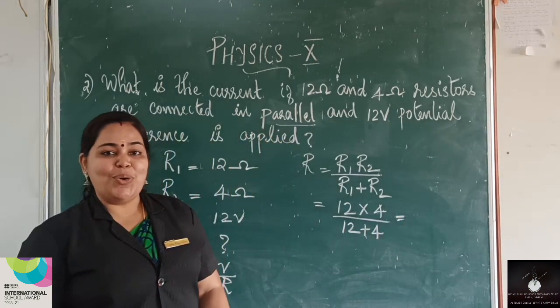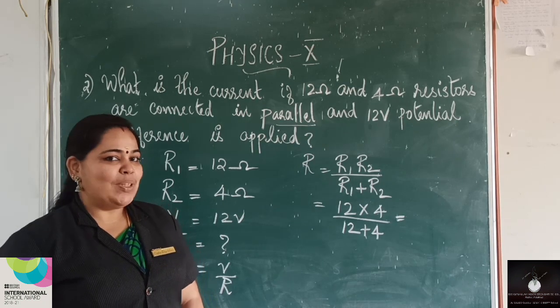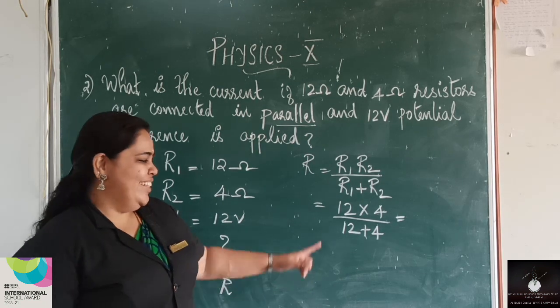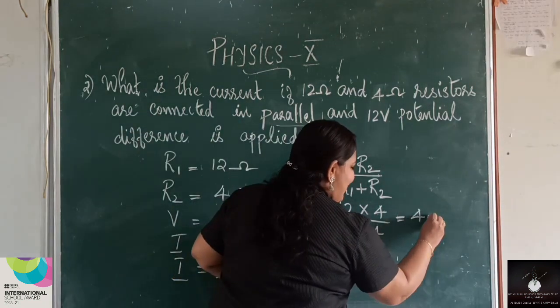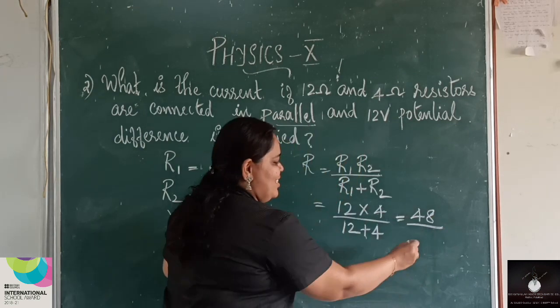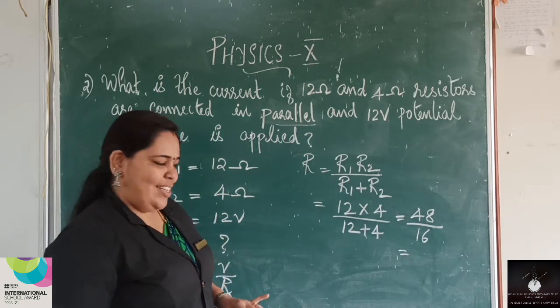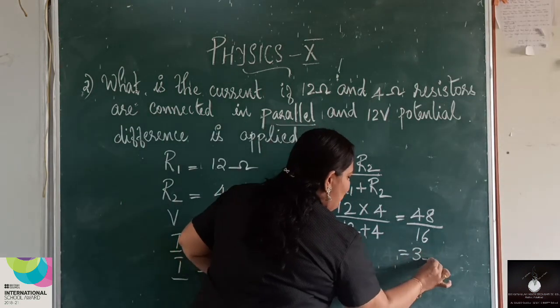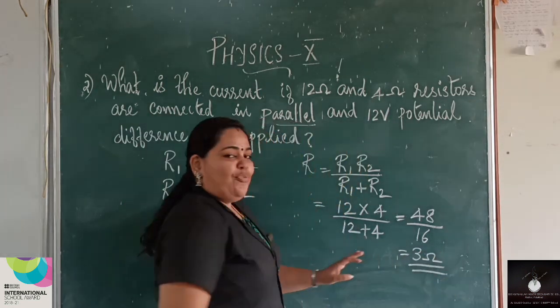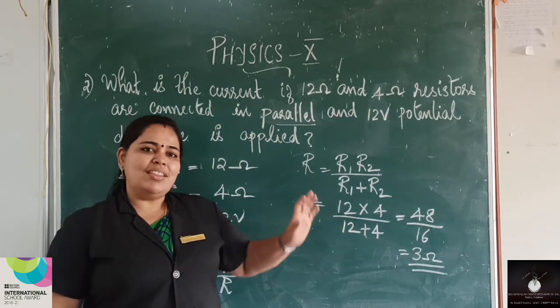What is 12 into 4? You are thorough with the multiplication table? It's 48 by 16. What is 48 by 16? It is 3 ohm. So you got the effective resistance as 3 ohm.